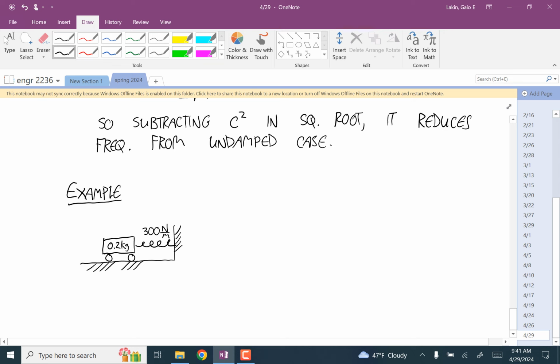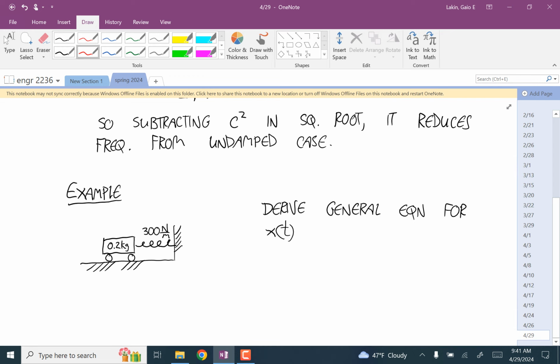And we want to derive a general equation for x of t. And what I mean by the general equation is, I don't think we have time to go through the boundary conditions, but we're just going to come up with a sinusoidal expression. So we're not going to go through the boundary conditions.